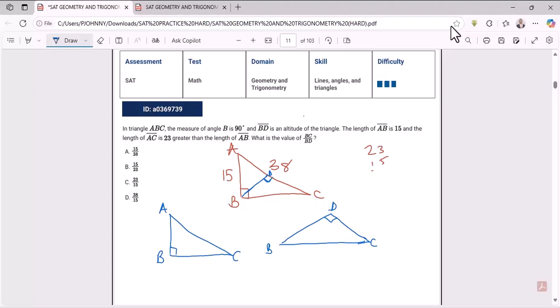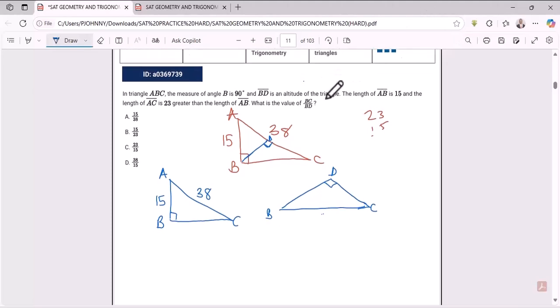So AC is 38, AB is 15. What we want to find is BC over BD. So from here you can see that they are actually similar triangles, right?